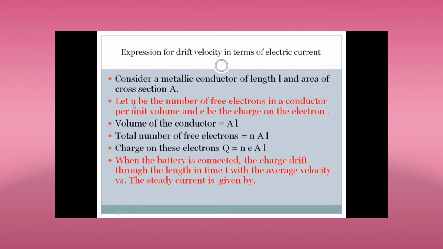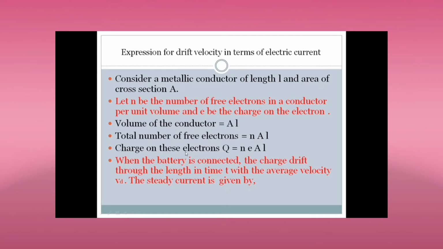Further, let n be the number of free electrons in a conductor per unit volume, and e is the charge on each electron. Then what is the volume of conductor? Volume will be area into length, so AL. The total number of free electrons is n into the volume of conductor, AL.